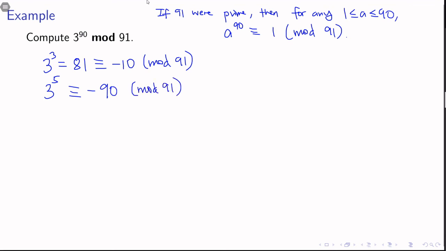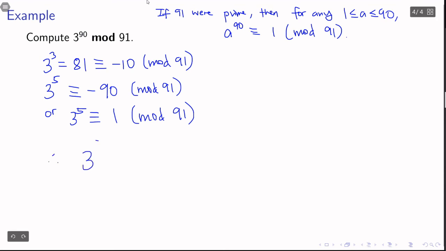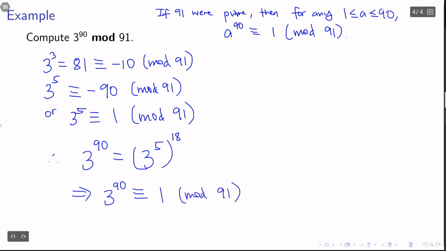What's negative 90 mod 91? It's 1 mod 91. Just add 91 to it, and you get something else that's congruent, and it turns out to be 1. Therefore, since 3 to the 90 can be written as 3 to the 5th power raised to 18, 3 to the 90 is congruent to 1 to the 18th, or just 1 modulo 91.